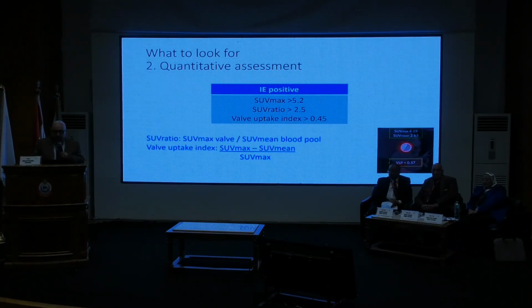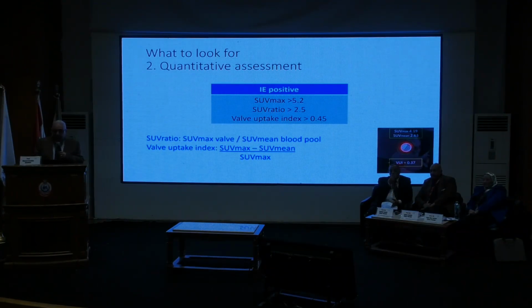SUV ratio is SUV max over the valve divided by SUV mean of the blood pool. We usually measure the blood pool in the left ventricular cavity. More than 2.5 suggests infective endocarditis.